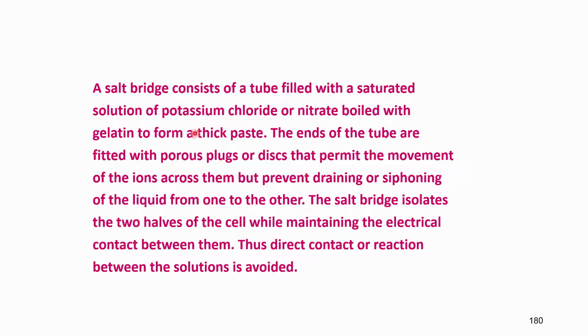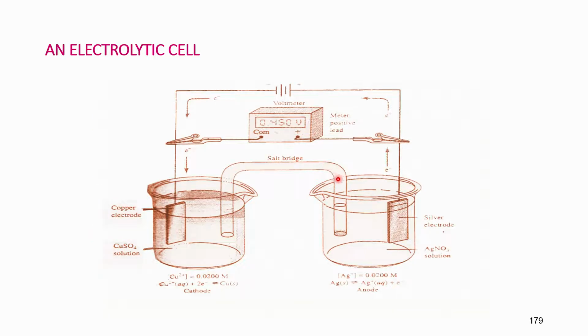This salt bridge consists of a tube filled with a saturated solution of potassium chloride or nitrate boiled with gelatin to form a thick paste. Ends of the tube are fitted with porous plugs, so that the paste does not run away, because it is dipped upside down. If you remember, it is dipped upside down.